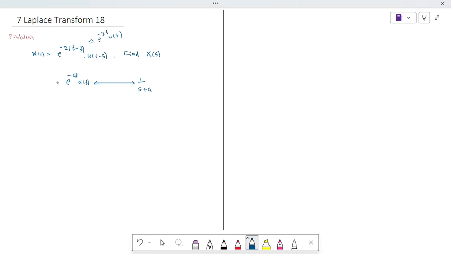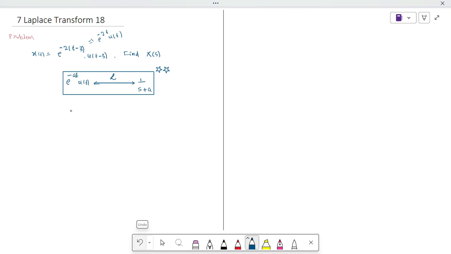So this is x of t, and this is the general formula.